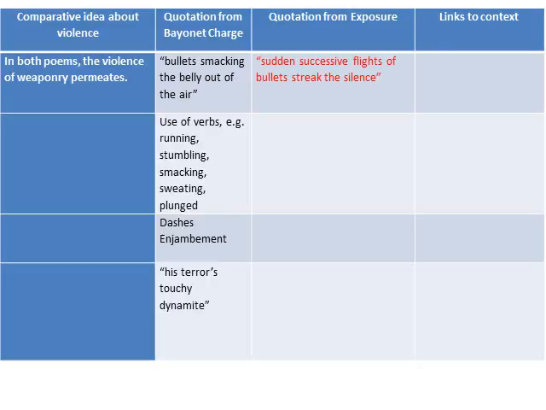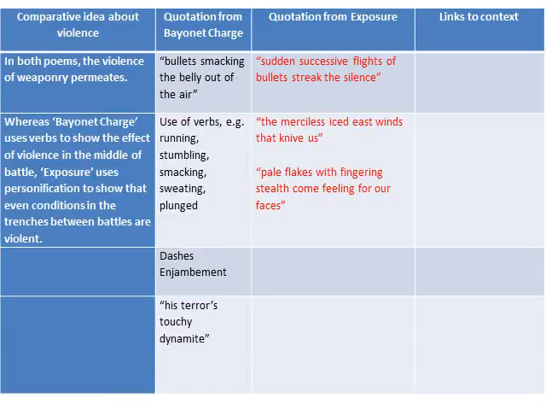The first quotation from Bayonet Charge is about the bullets and the violent damage done by weapons. I'll use this as a point of similarity and compare it with the quotation from Exposure, "Sudden successive flights of bullets streak the silence," which will allow me to make the comparative point that in both poems the violence of weaponry permeates the text. The pattern of verbs in Bayonet Charge runs throughout the poem.